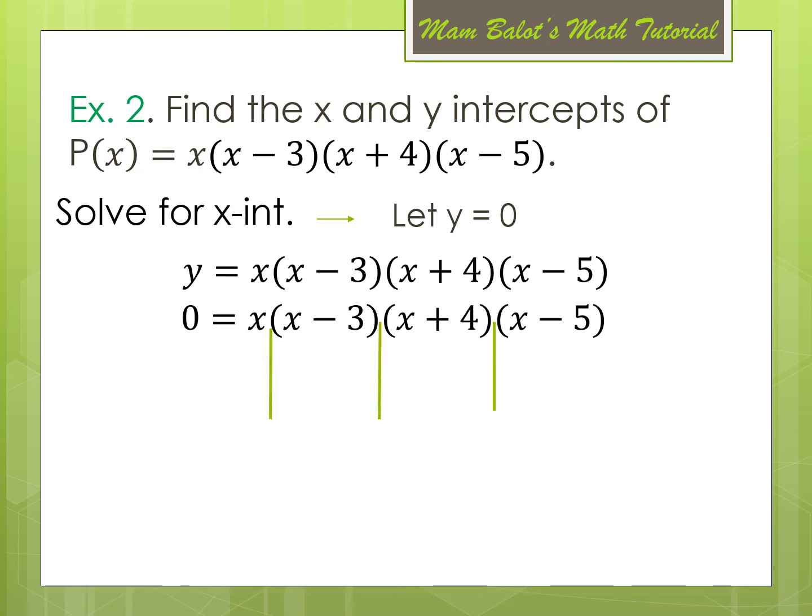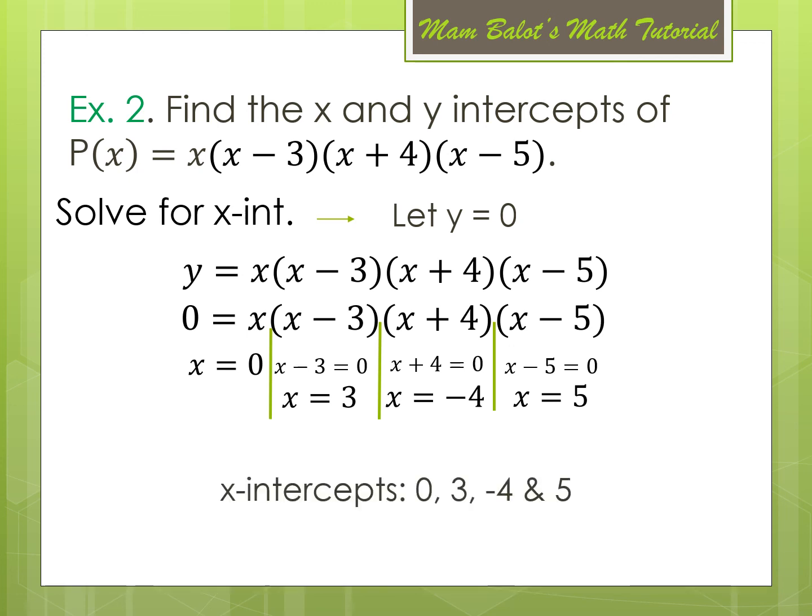So x is equal to 0, x minus 3 is equal to 0, x plus 4 is equal to 0, and x minus 5 is equal to 0. Solving further, we have x equals 3, x equals negative 4, and x equals 5. So the x-intercepts are 0, 3, negative 4, and 5.